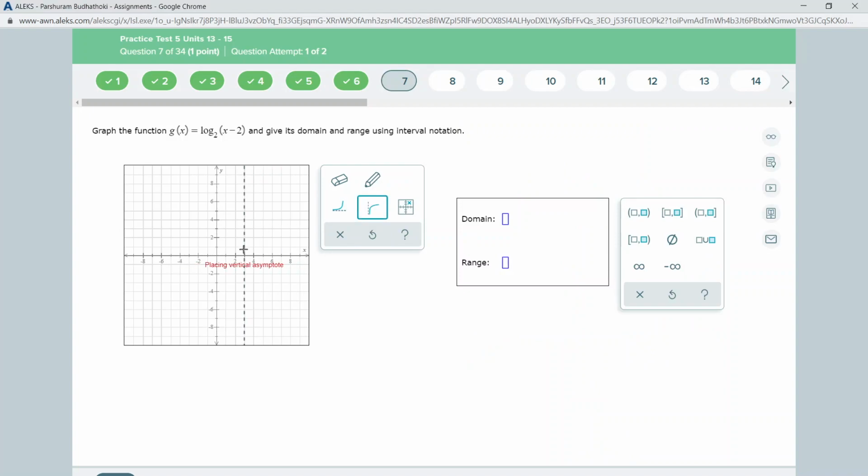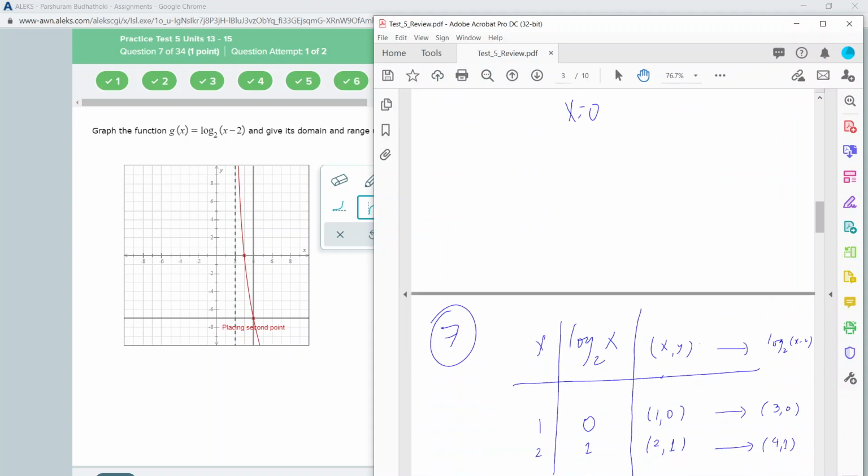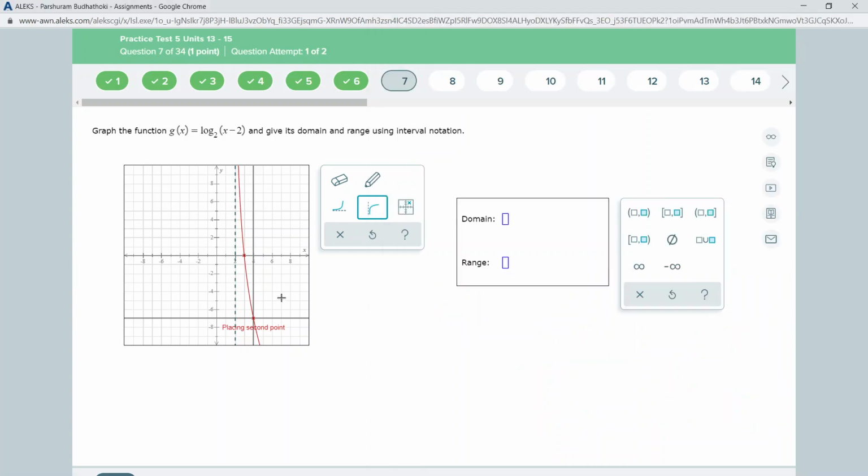So first of all, this is x equal to 2, and then the points: at 3 the value is 0, at 4 the value is 1. And this is the vertical asymptote.